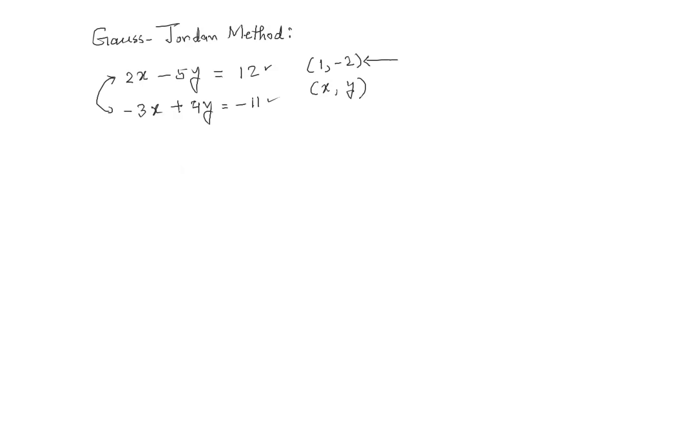Also, I could do something else. I could multiply this equation by a non-zero number. So let's say I do this. 2x minus 5y is equal to 12. I multiply both sides of this by 2. Then I get 4x minus 10y is equal to 24.